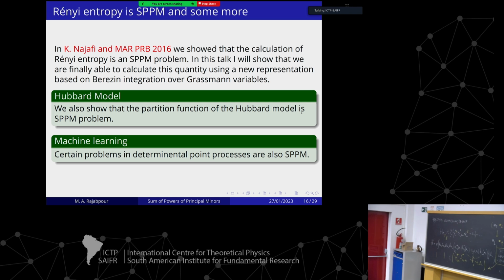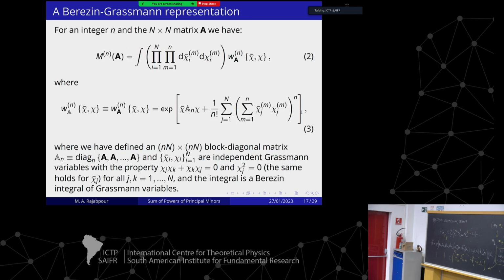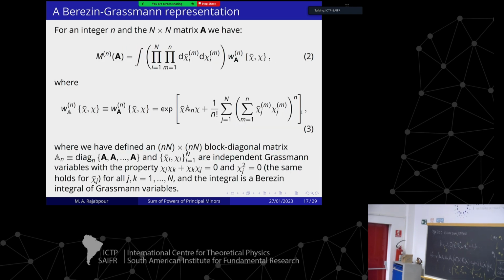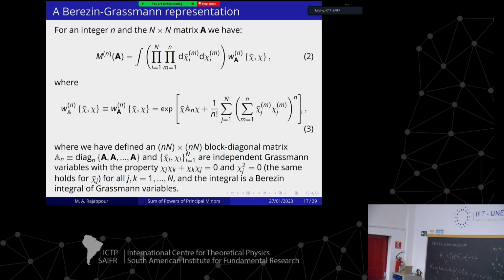Okay, so let's go ahead. So this is the main result. One can show that the sum of principal minors of a matrix, power n, can be represented with respect to some Grassmann integrals in this format.